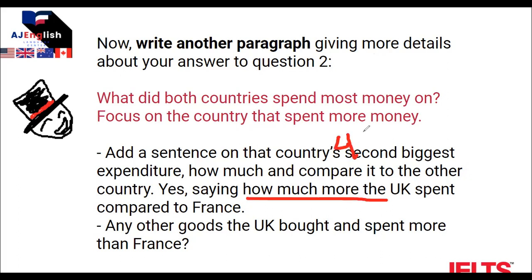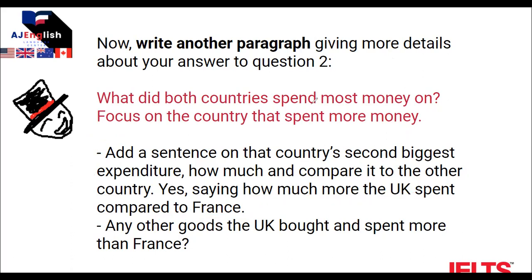Was it, I forgot, was it 40,000 or 400,000? Whatever it is, you just gotta do that. You know, add it, include it. Next, add a sentence on that country's second biggest expense and compare, you know, that was the UK, so compare that to France.